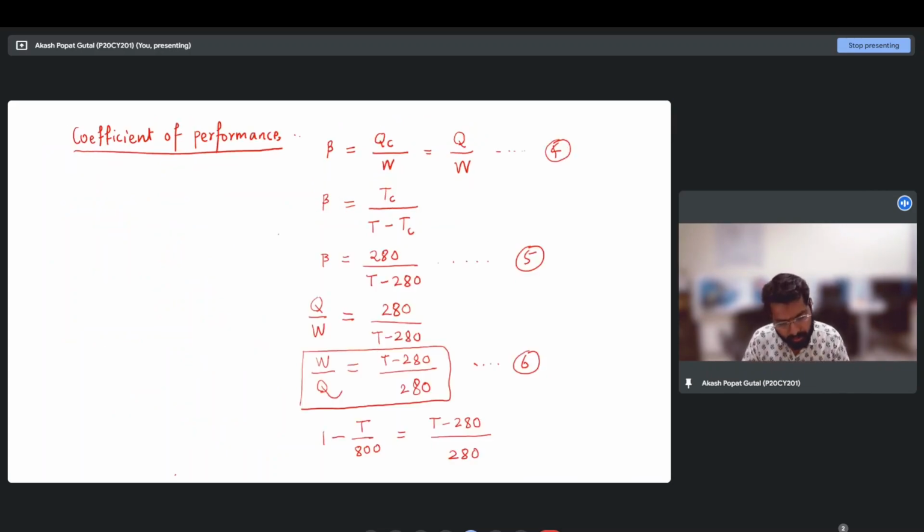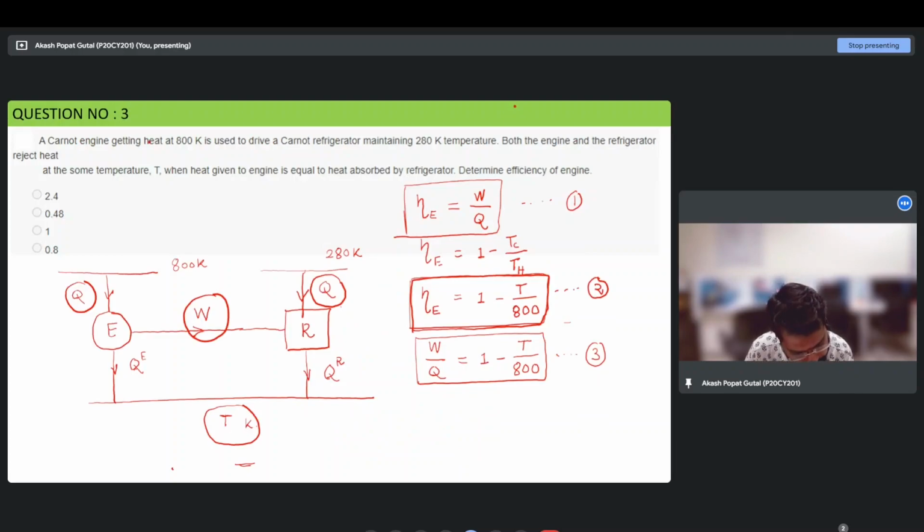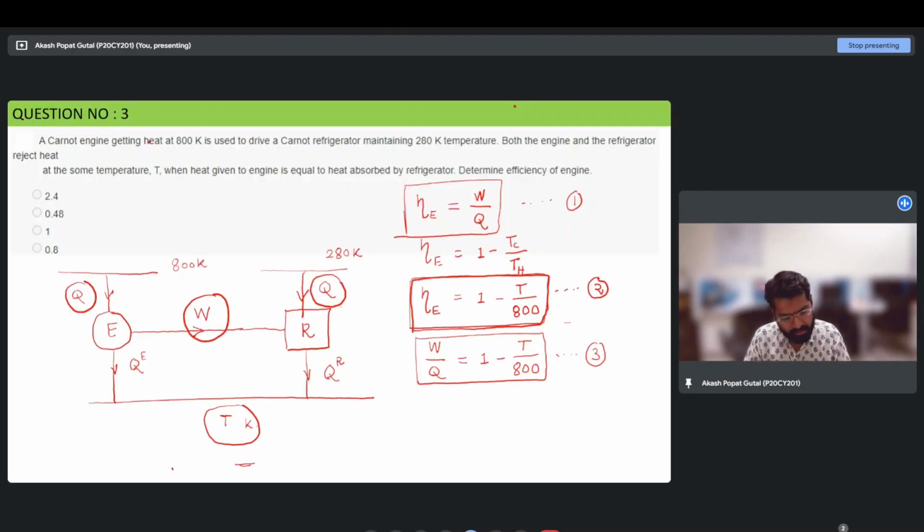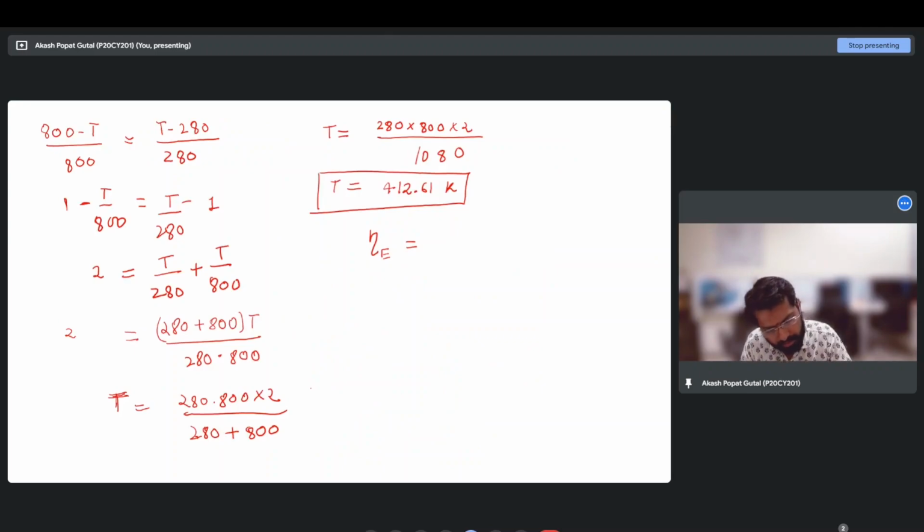So now we need to calculate the eta value, that's the efficiency. The engine efficiency is 1 minus T by 800. So we know that T is equal to 412.61, so 412.61 by 800.